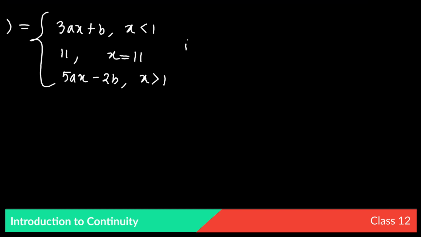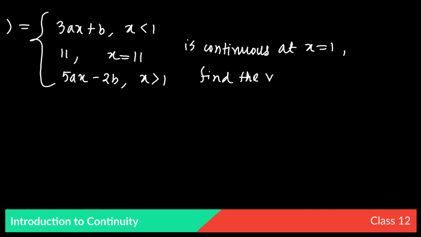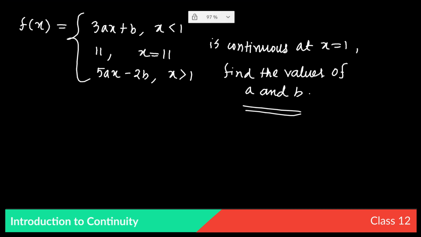It is told that the function is continuous at x equals 1. So we have to find the values of a and b.